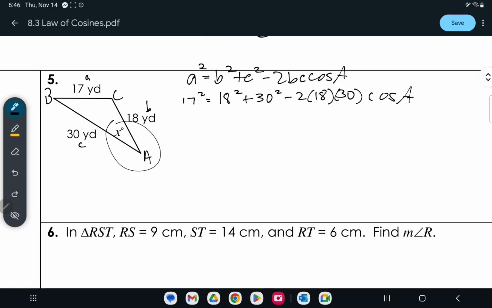So let's see, what is this? This is 289. And let's see, 18 squared plus 30 squared is 1224.